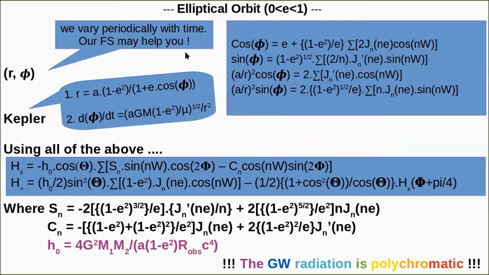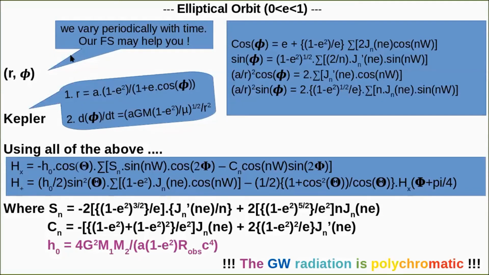Then we should turn to the elliptic orbit, where eccentricity is between 0 and 1. In the case of an elliptic orbit, the exact form of r as a function of t and phi as a function of t is not analytically very clear to us. But we can say something, because r and phi are periodic with time.